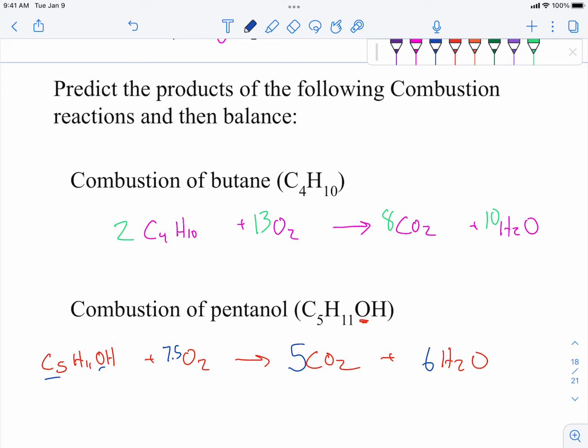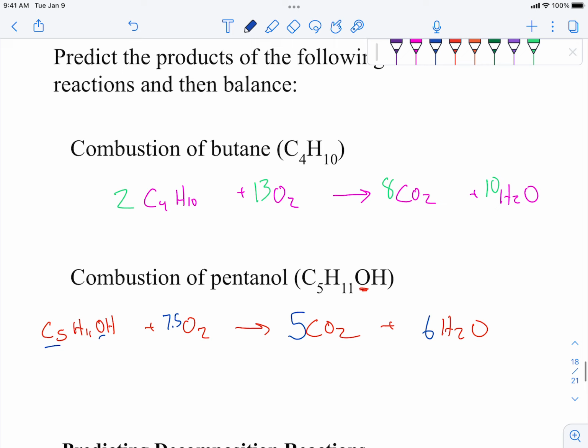So now these are the right proportions, but we can't leave it this way, so now we double everything. So 2, 15, 10, and 12. Combustions, the hardest part about combustion is not predicting the products, it's balancing.